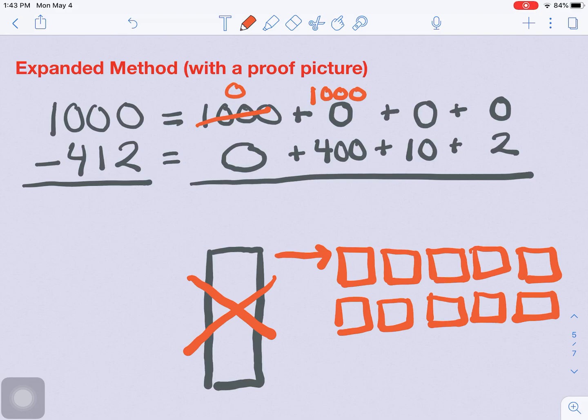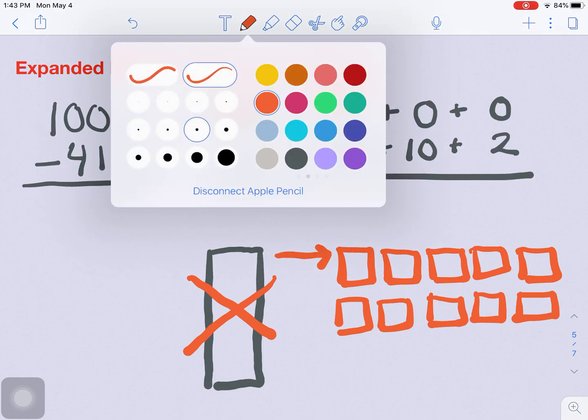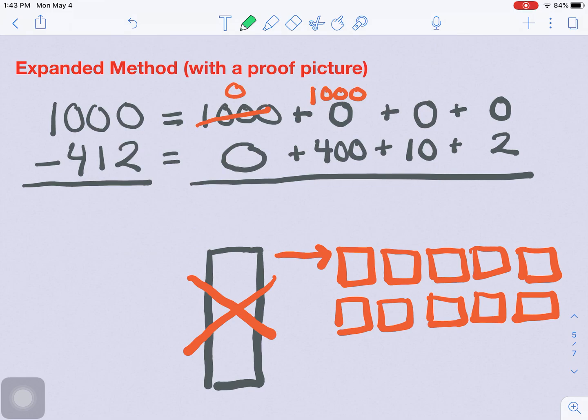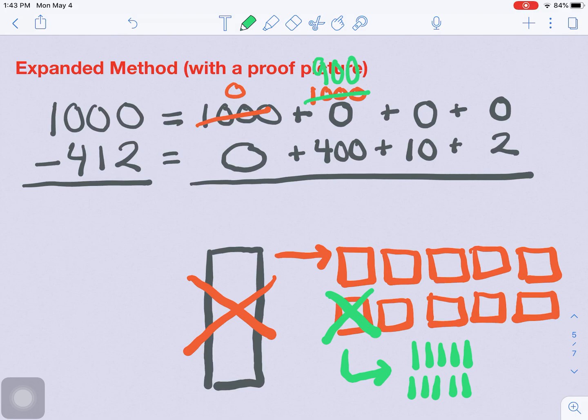10 100s. I am now going to need to continue ungrouping, and I'm going to have to ungroup a 100 to get to my tens. So I ungroup a 100, and I can get to 10 tens. So now I have 900 tens, and I have 10 tens, which is worth 100.